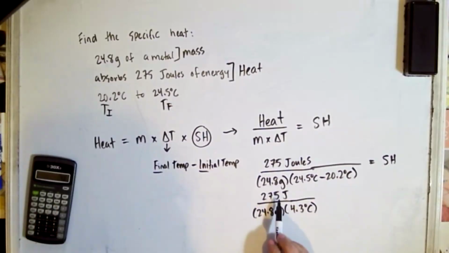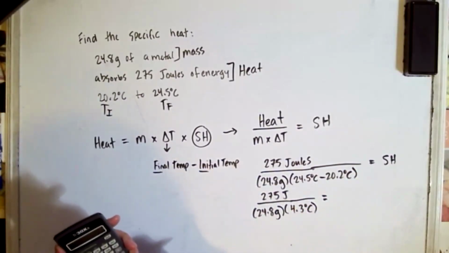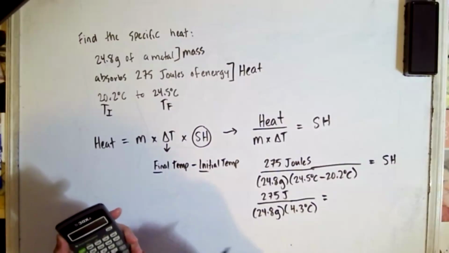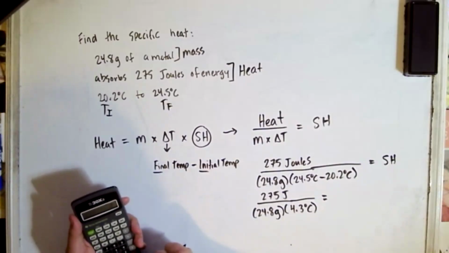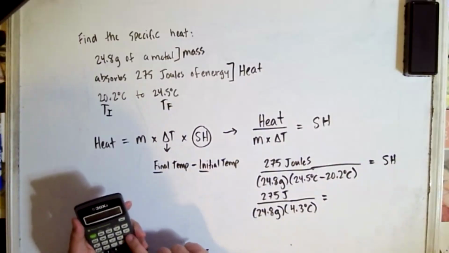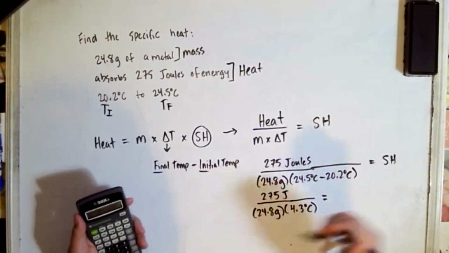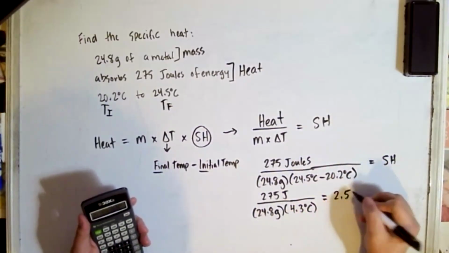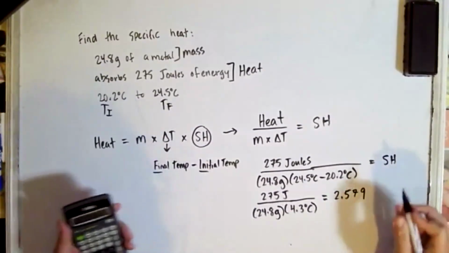Okay, so now we have 275 divided by 24.8 divided by 4.3. And we end up with 2.579.